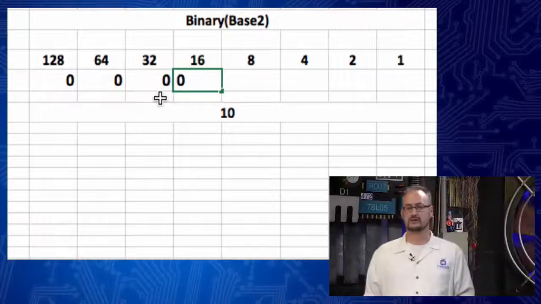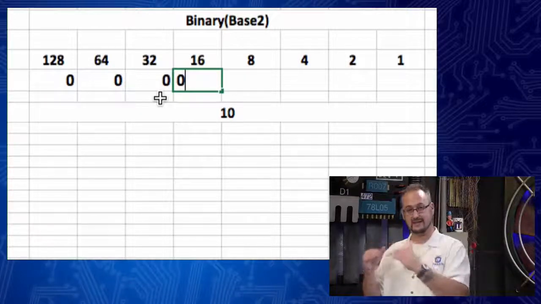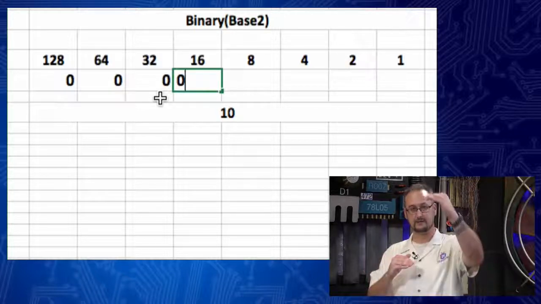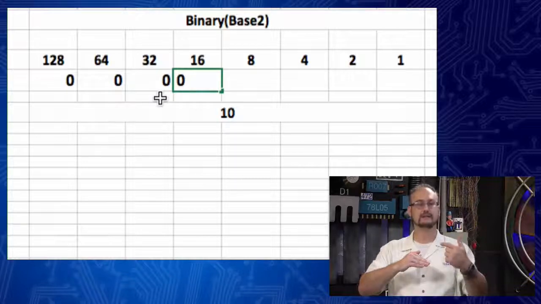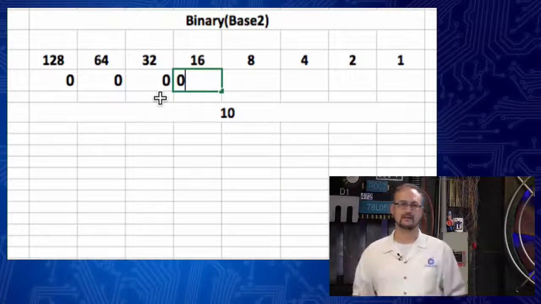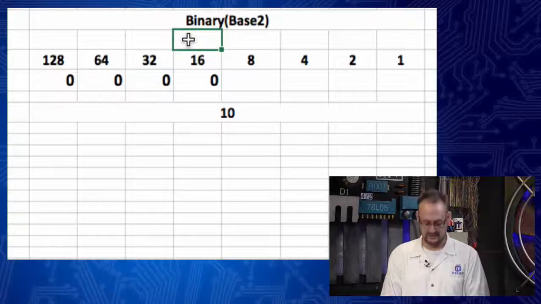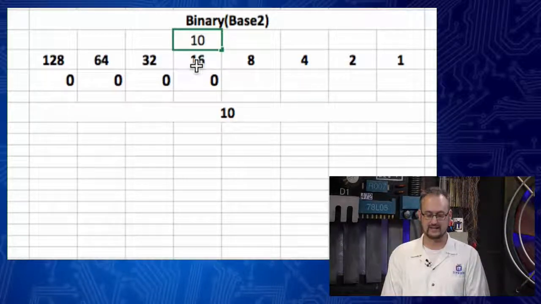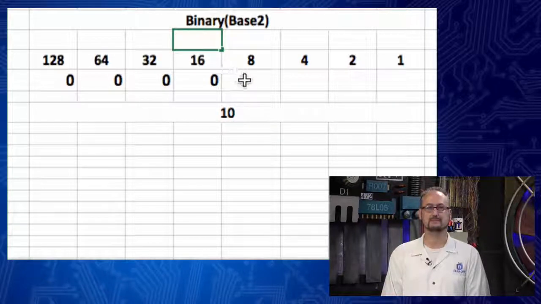It really is. So make sure that when you're subtracting, just like Dan said, you put the decimal number on top and then try to subtract the place value. If you can't, it becomes a binary 0 and you move to the next place value. I can't put 10 on top of 16 and subtract 16, so it becomes a binary 0.